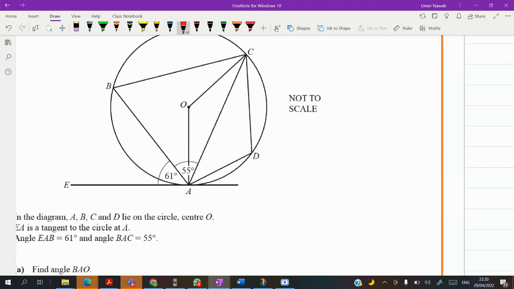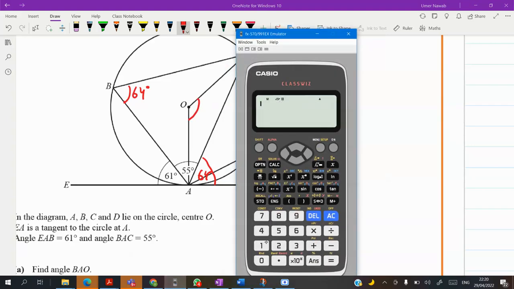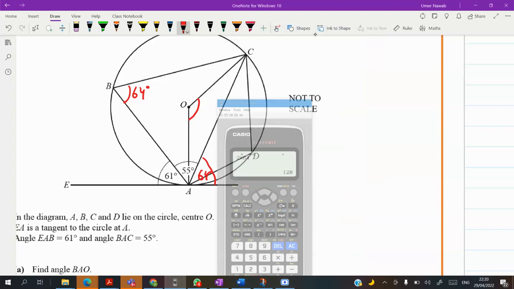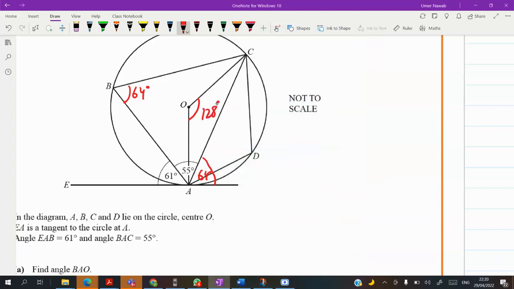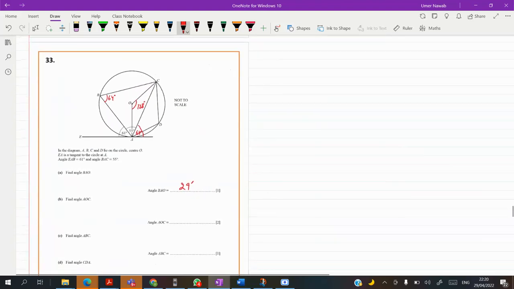So this angle is 64, and this angle is 64, and the double of 64 is 128. So we found it. That's why it had 2 marks. ABC, did we find it? 64. We already found it.